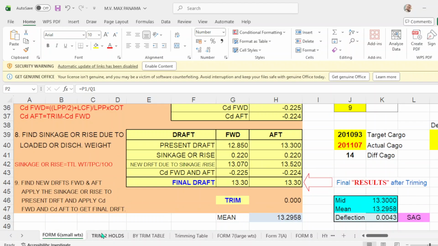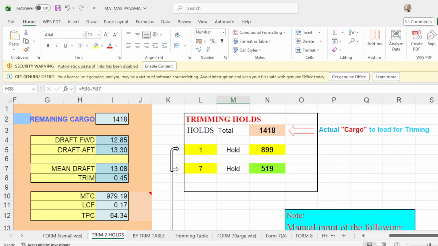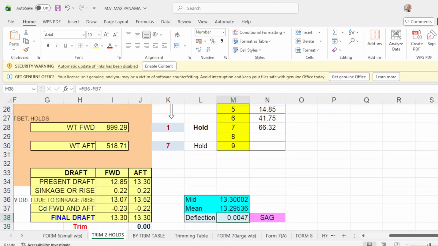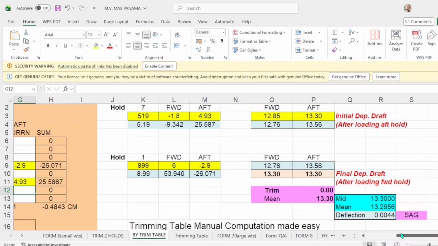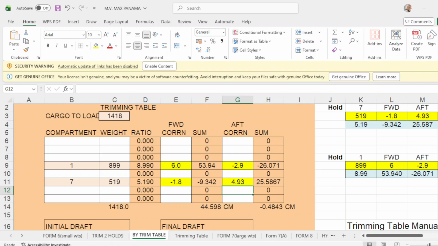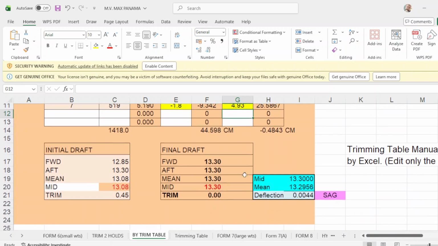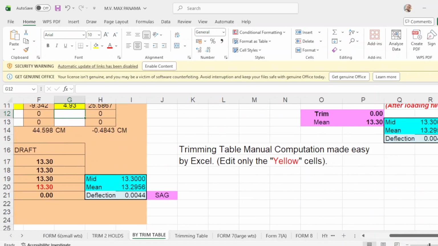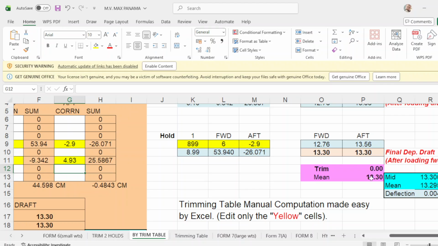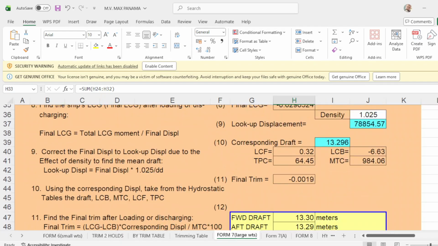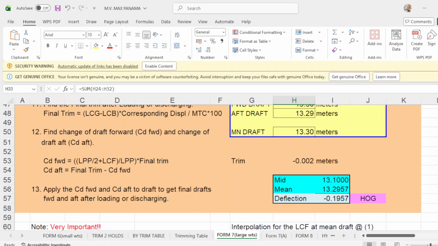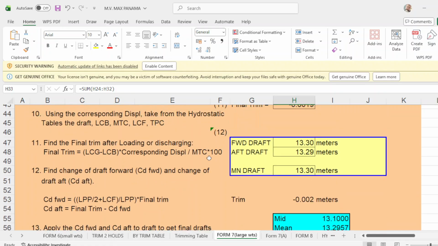Okay, so with your trim holds 2, you will also get the same results, even keel, and your trim table is also even keel. And so with the other solution of trim table, it is also even keel. Just only this form 7 has a little difference because of the mathematical equation carried out by this program.